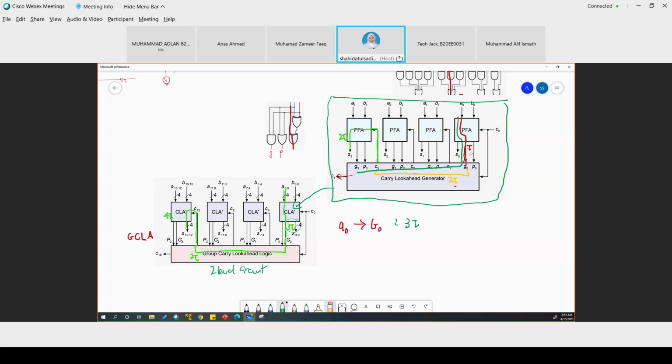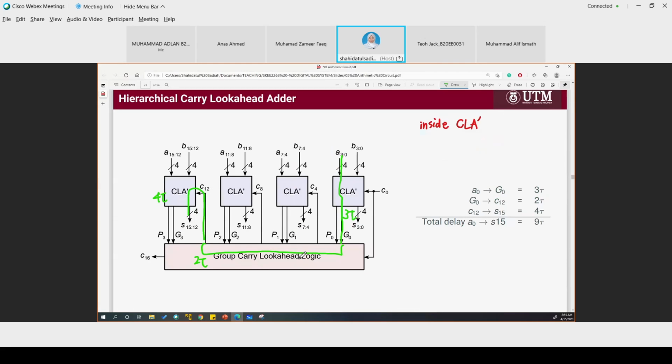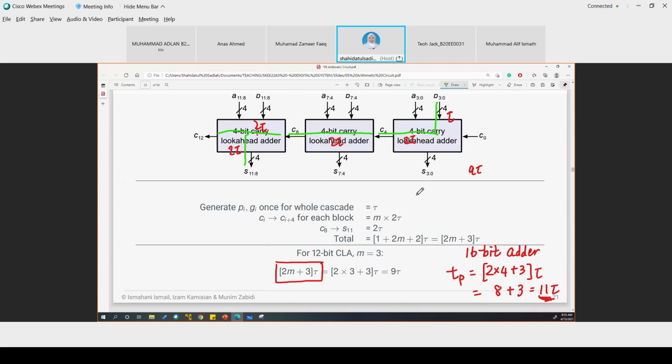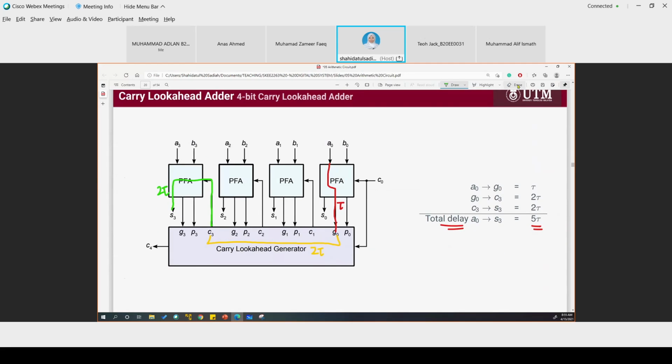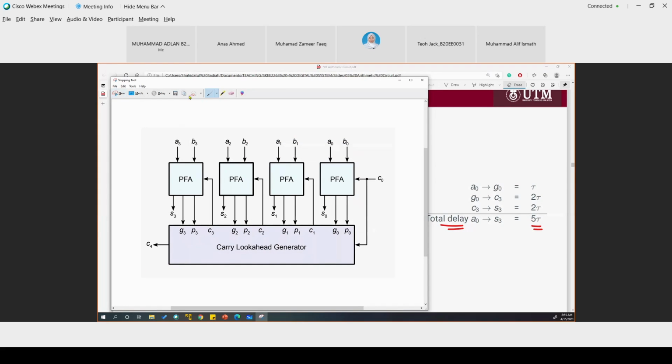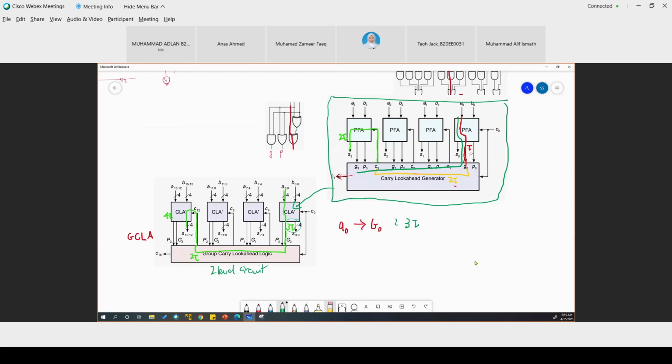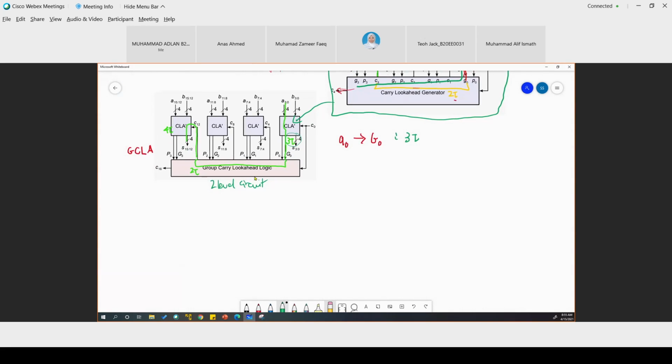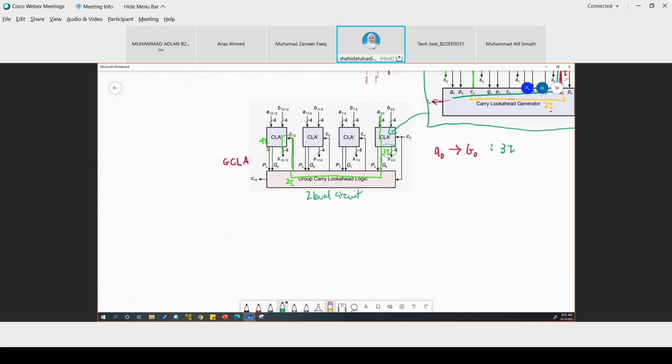Right. So we want to know why is this 4 tau.